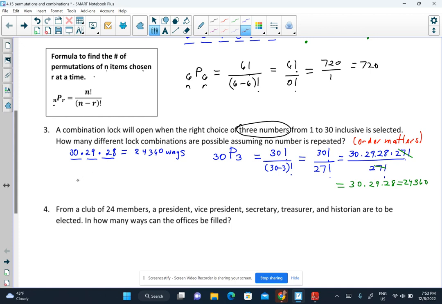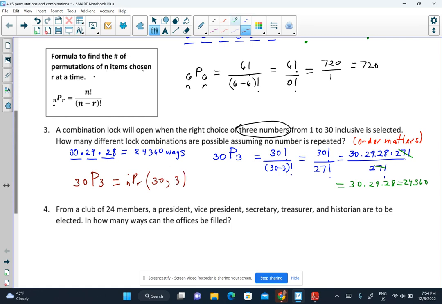But now let me show you the calculator because it's very handy. So we can actually type 30P3 into the calculator. In the calculator, it's written something like this, NPR, and then you would put in the parameters 30 and 3.